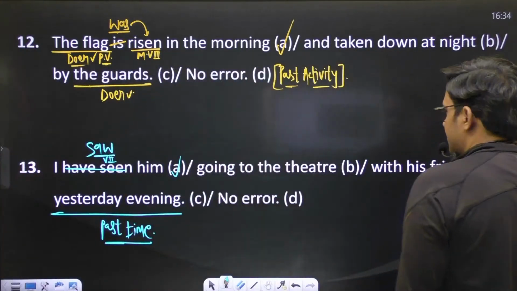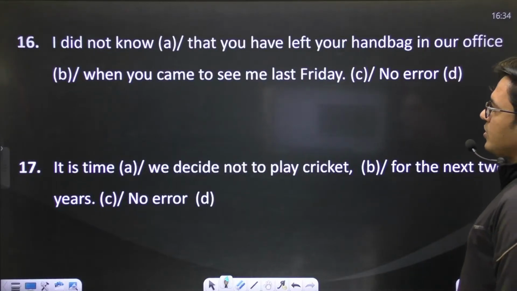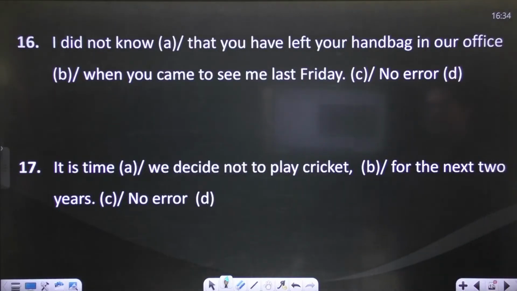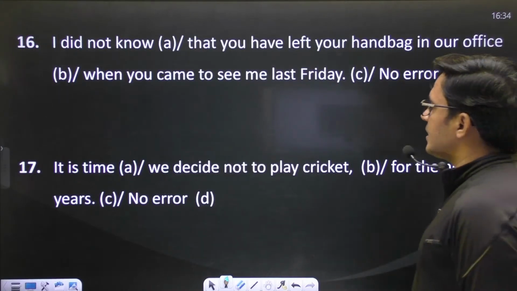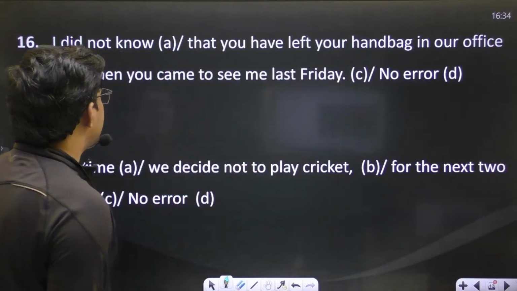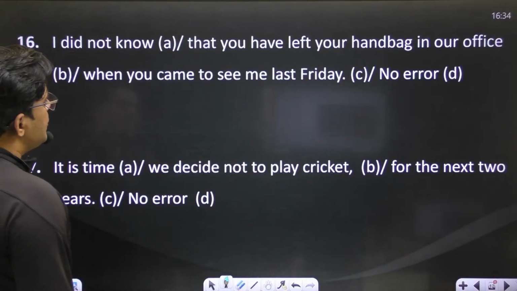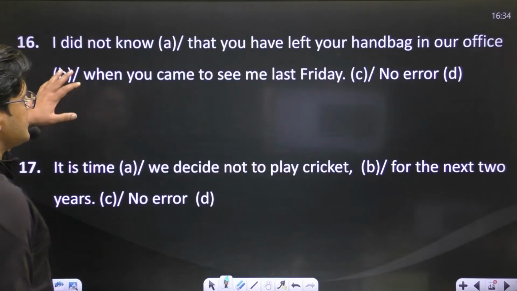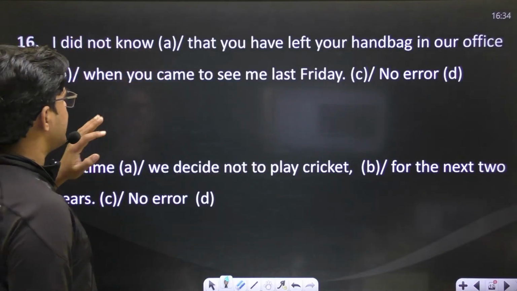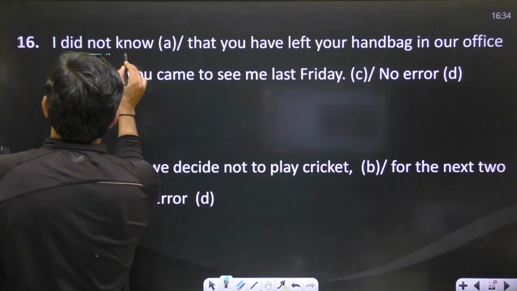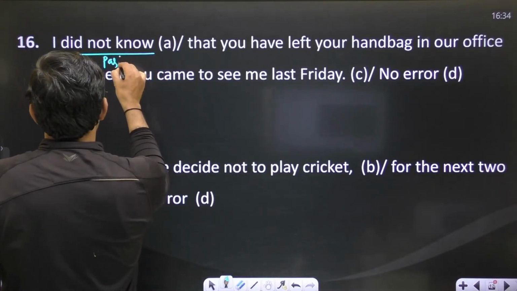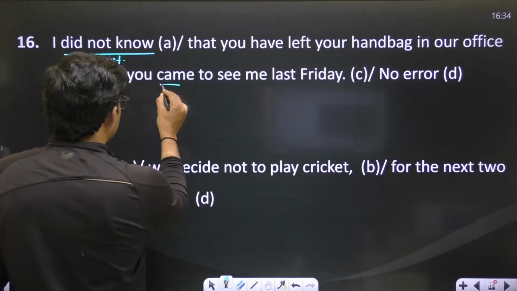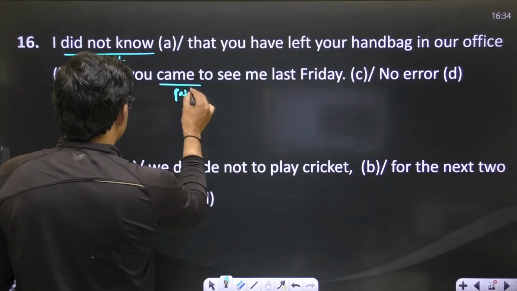Okay, move to the next sentence. I did not know that you have left your handbag in our office when you came to see me last Friday. Okay, I did not know. This sentence is in past tense. The entire sentence is in past tense, like this is past indefinite, and this is also past indefinite, right?